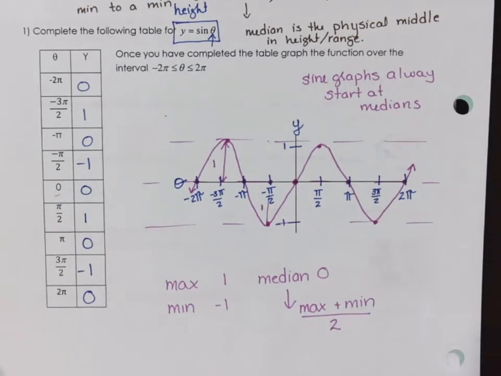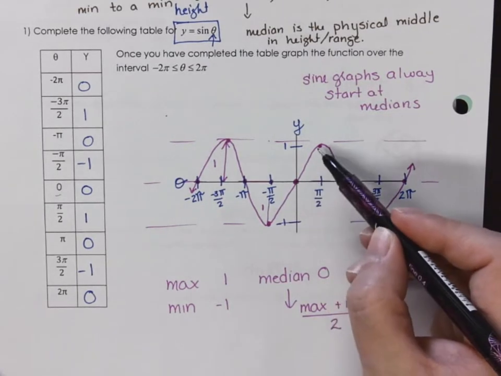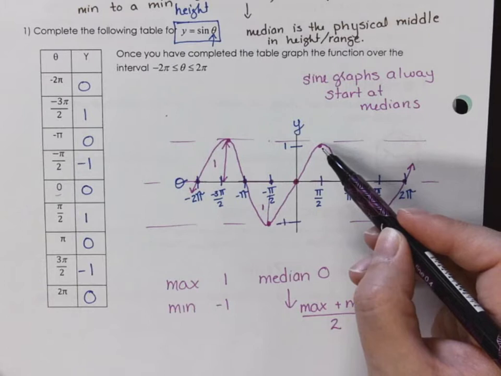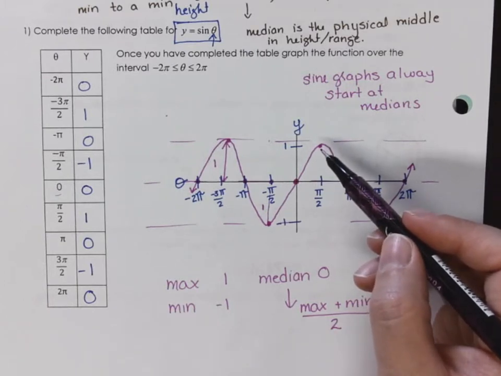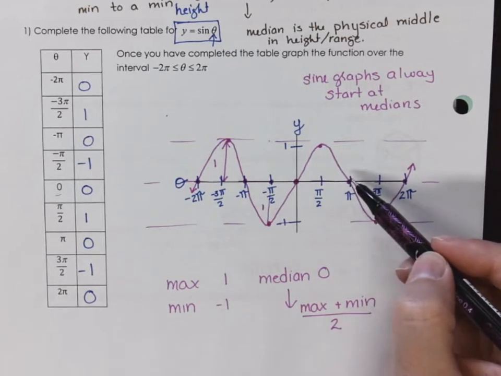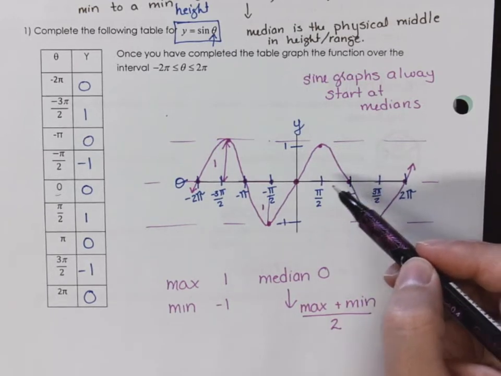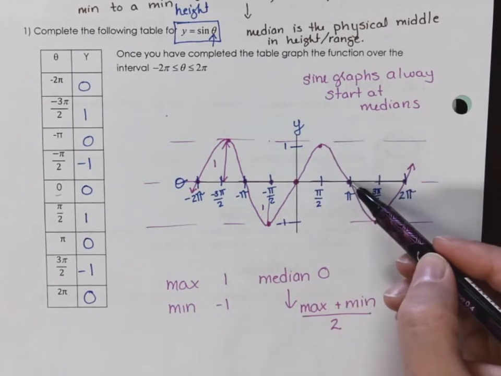All right, so a positive sine graph starts at a median and heads to a maximum. And once you hit a max, where are you headed then? You're headed back to 0, which is my, what's the name of it? Median. So I go median to a max, to a median.